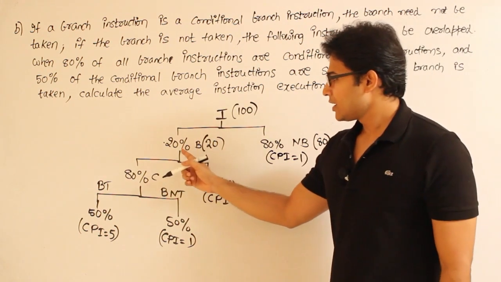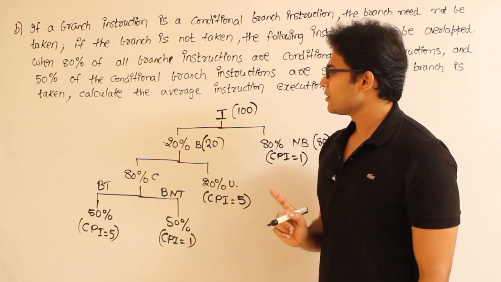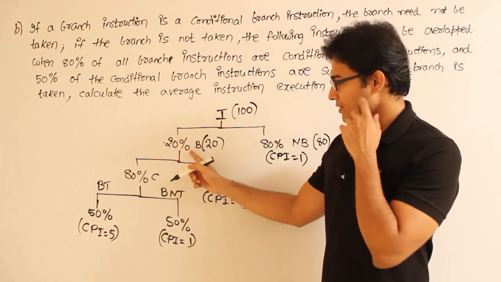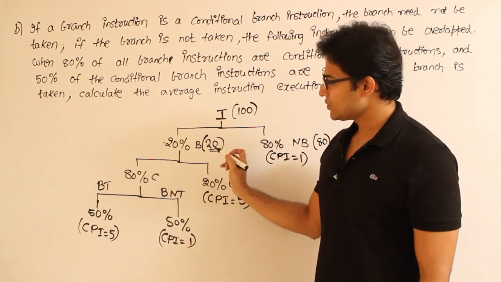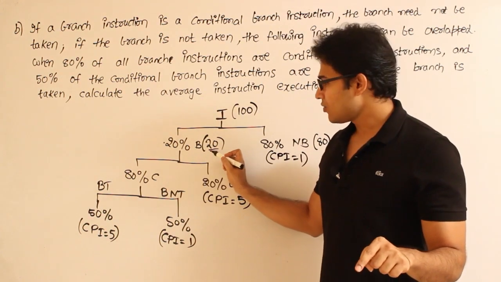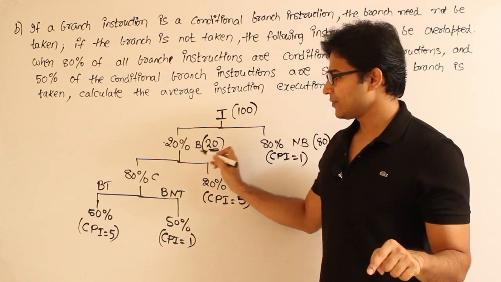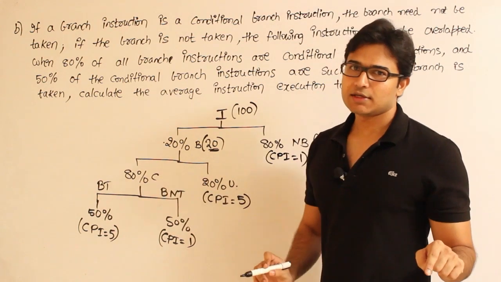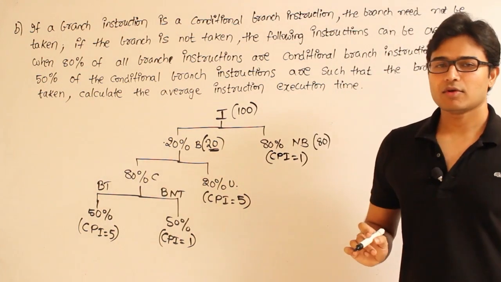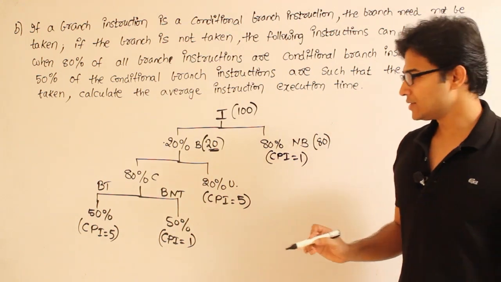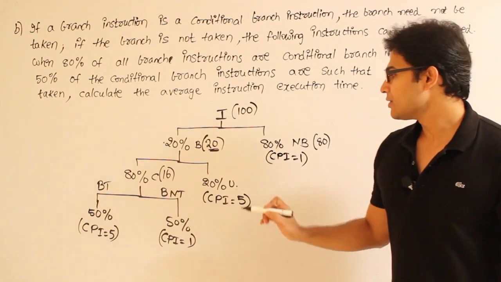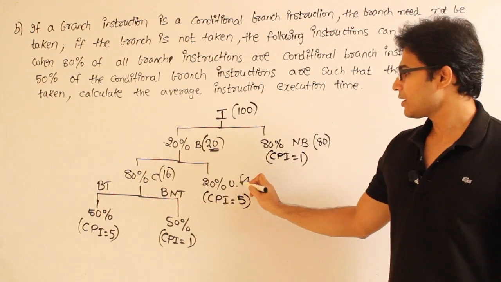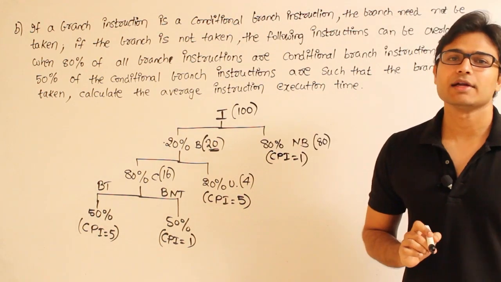Now we have only 20 branch instructions. Out of these 20 instructions, and this is very important, 80% are conditional. So what is 80% of 20? It is 16 instructions, which means 16 instructions will be conditional and the remaining 4 instructions will be unconditional. Are you getting this?